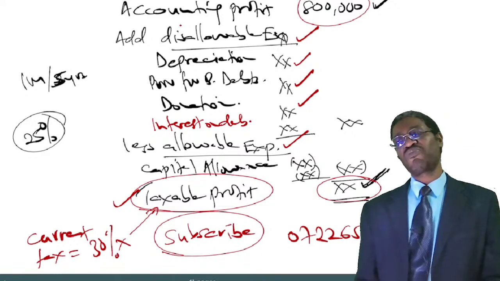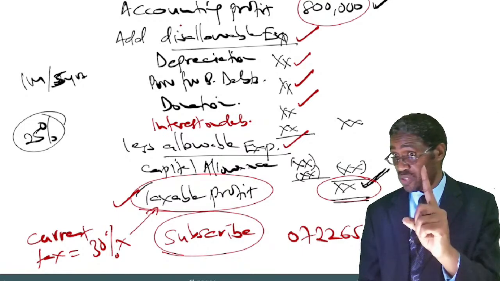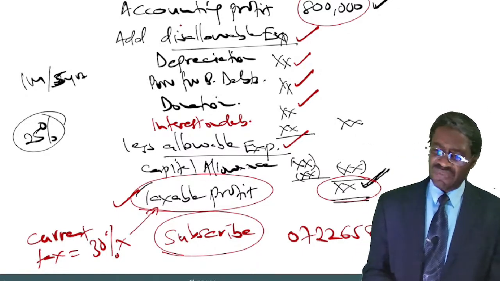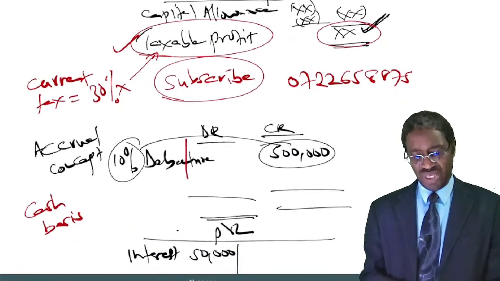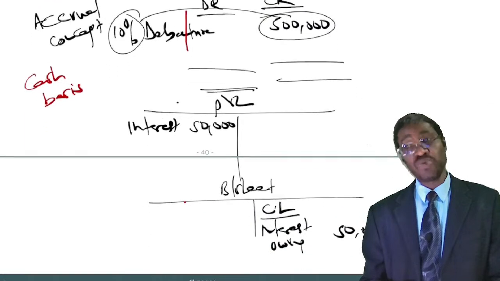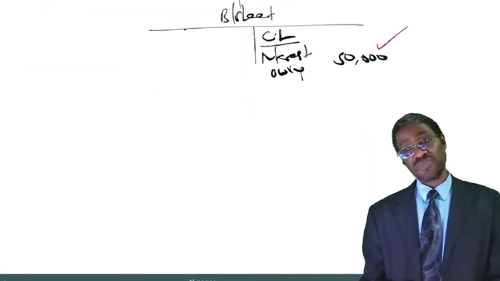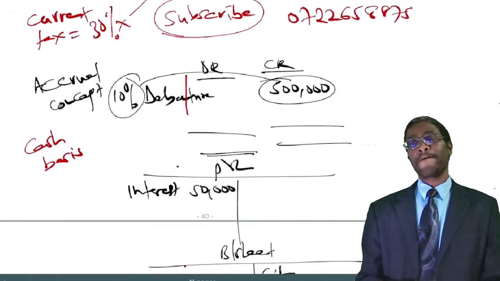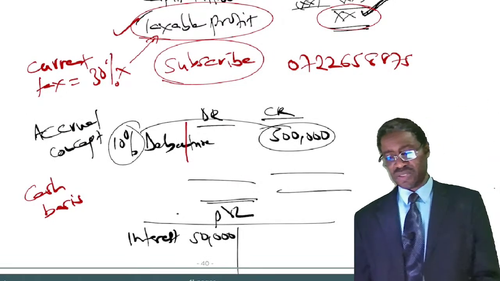Good. So before we continue, let's put down something on what we have already said. So put down the topic, accounting for deferred tax. That is the topic, accounting for deferred tax.